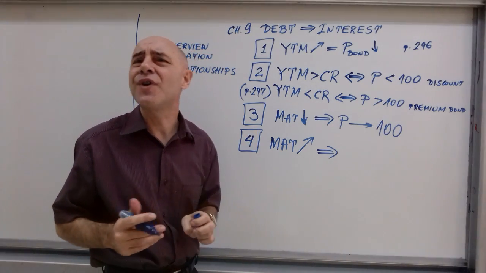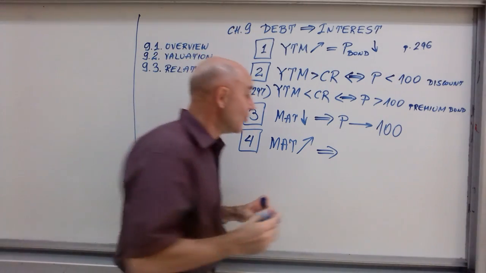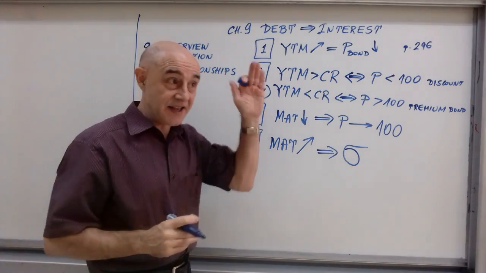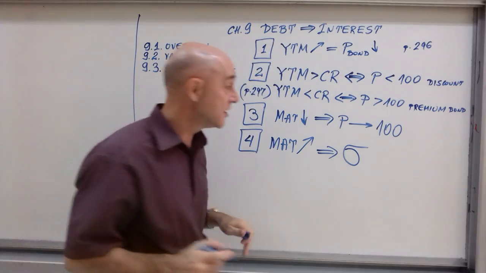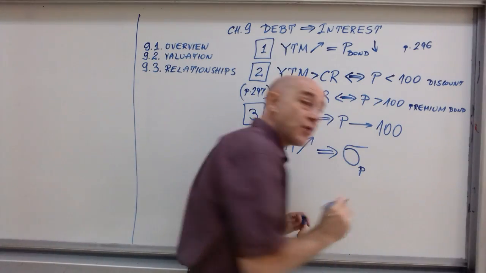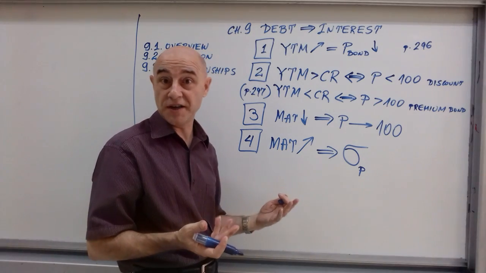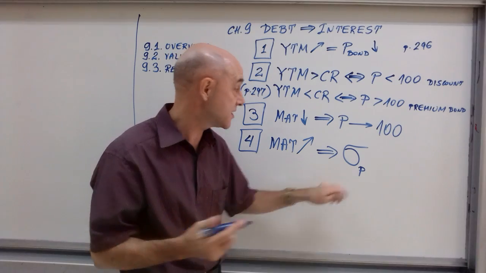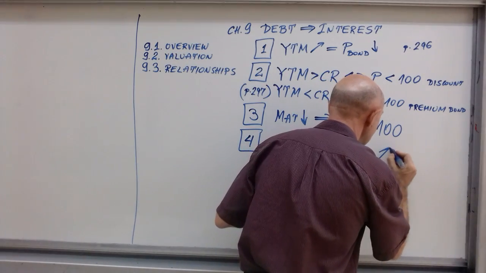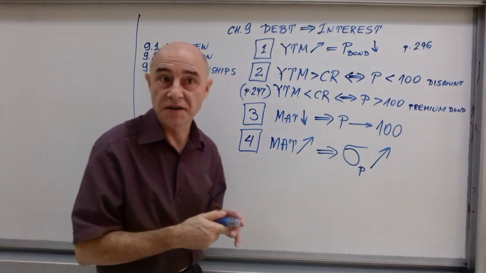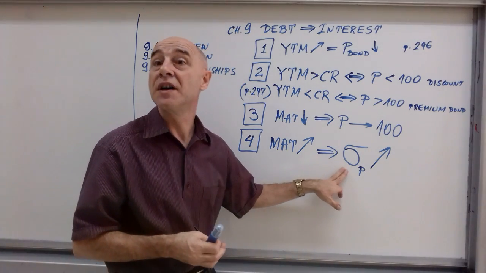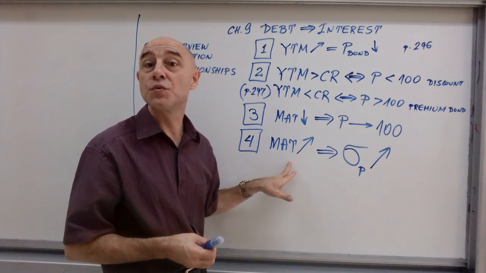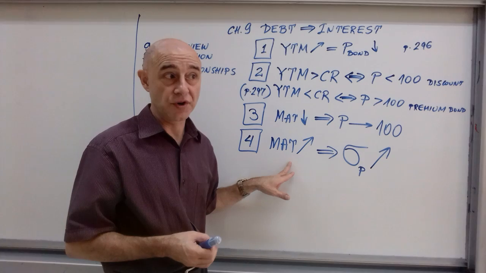Well, how do we say price volatility? Well, volatility is sigma, that's the variation in price. So, sigma of the price, you can say sigma of the bond price will increase. Okay, so sigma increases. In other words, risk rises with maturity.